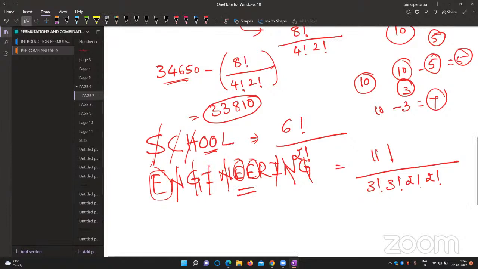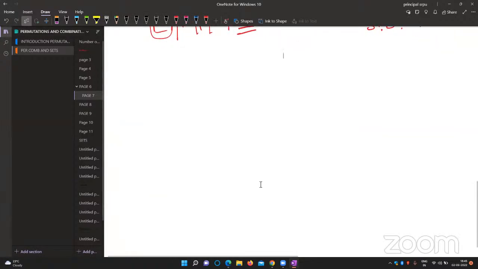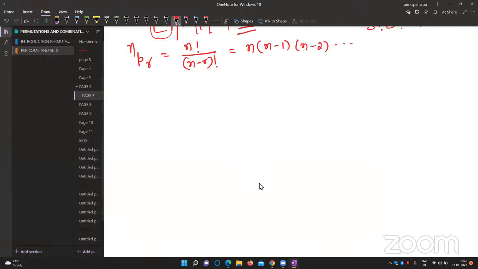Now, my dear students, I'll go for one more concept. Look here, the problems are this way. I'm going to solve this now. Yesterday we discussed nPr is equal to n factorial divided by n minus r factorial, or n into n minus 1 into n minus 2 into n minus 3 and so on, into n minus r plus 1.